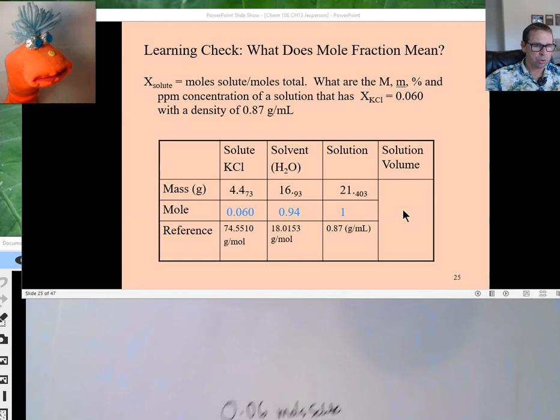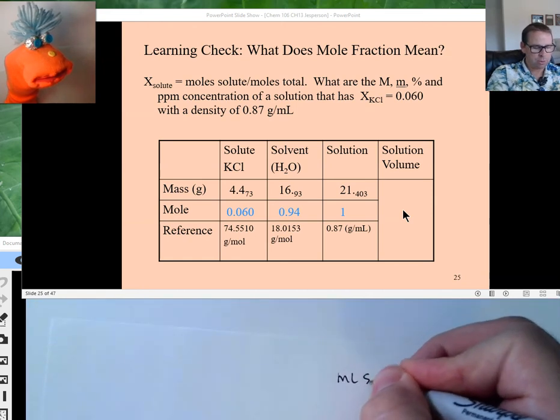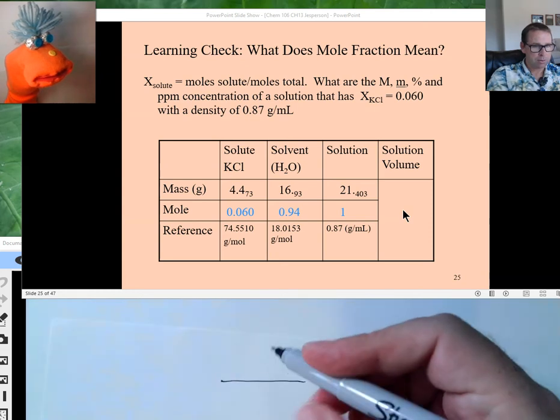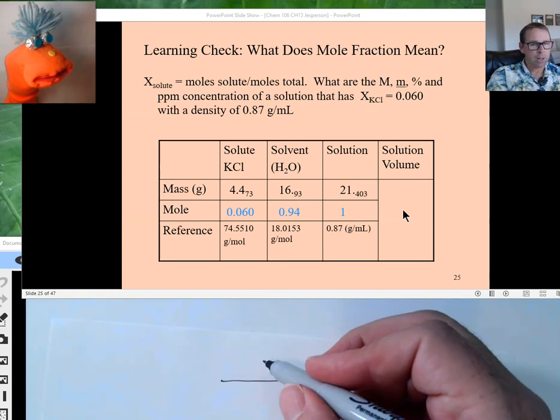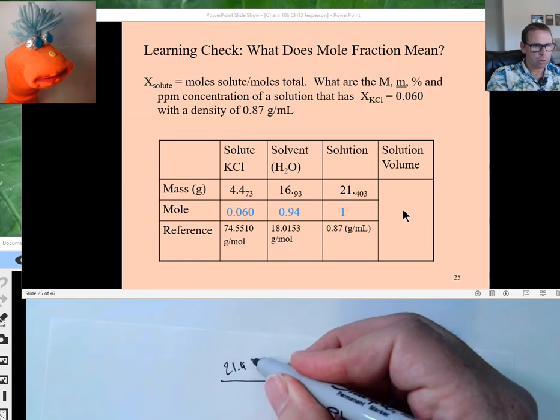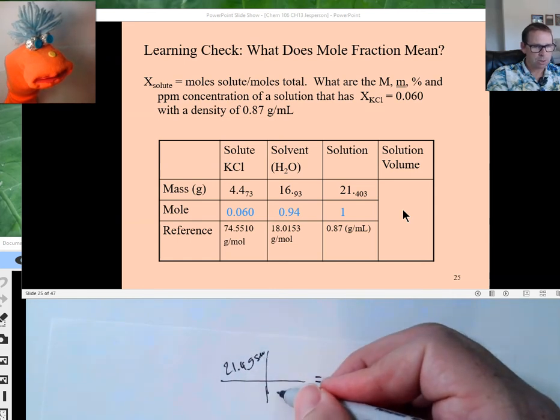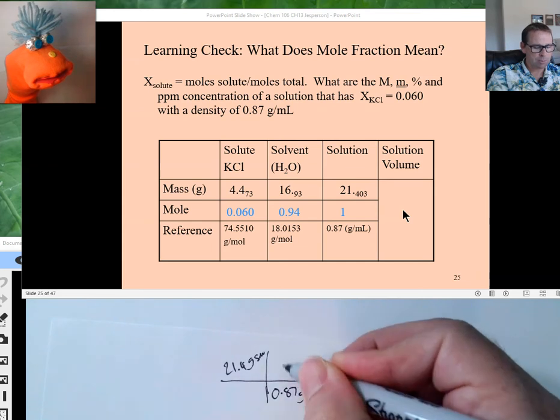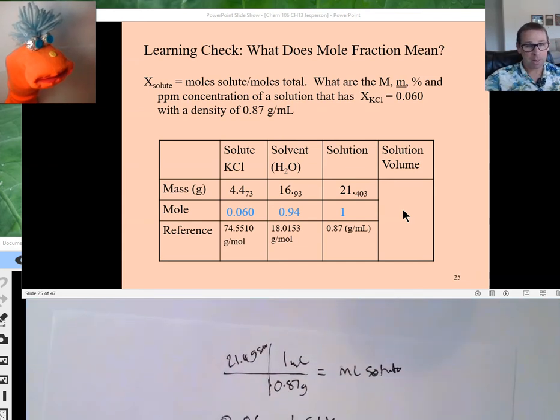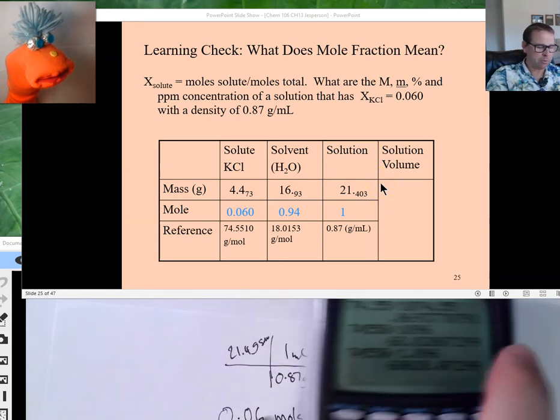So if I want solution volume, which is, let's say, milliliters of solution, then I can start with my 21.4 grams of solution, and then see that there's 0.87 grams for every 1 milliliter. So the 21.4 divided by the 0.87 is going to give us our volume of solution.